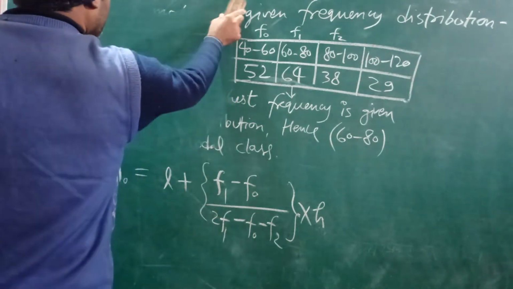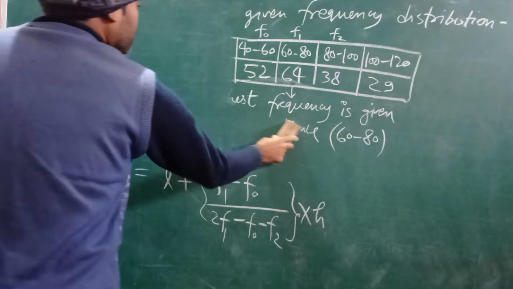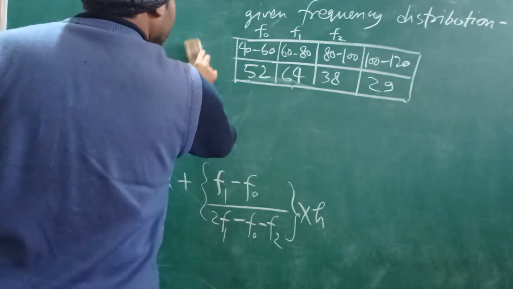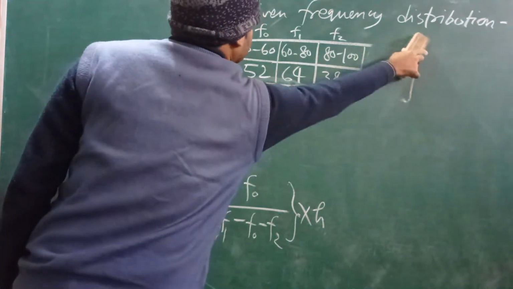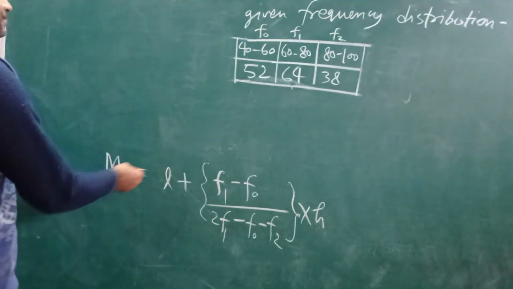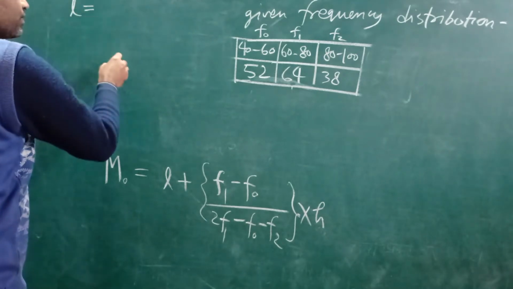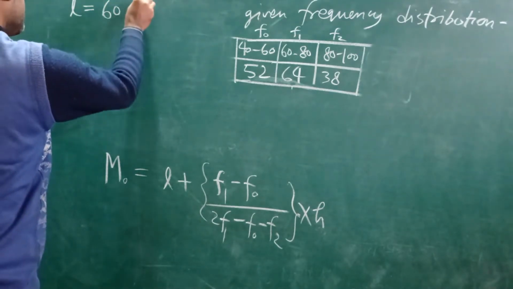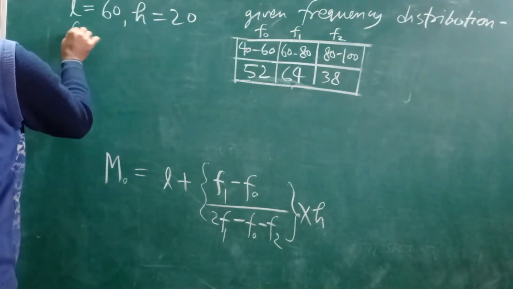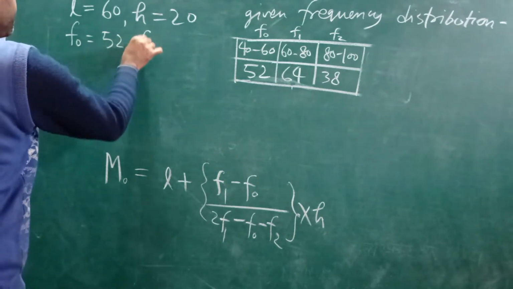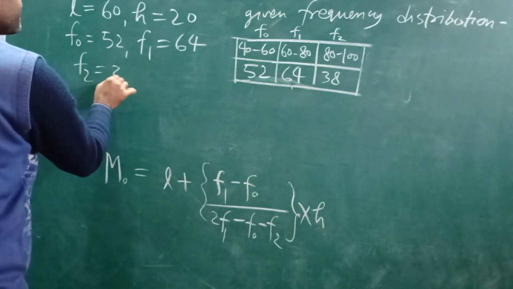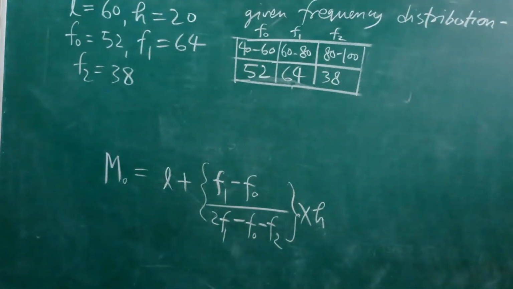In online mode you have a lot of facilities. L is equal to 60, H is equal to 20, F0 is 52, F1 is 64 and F2 is 38. Now put these values in this formula.